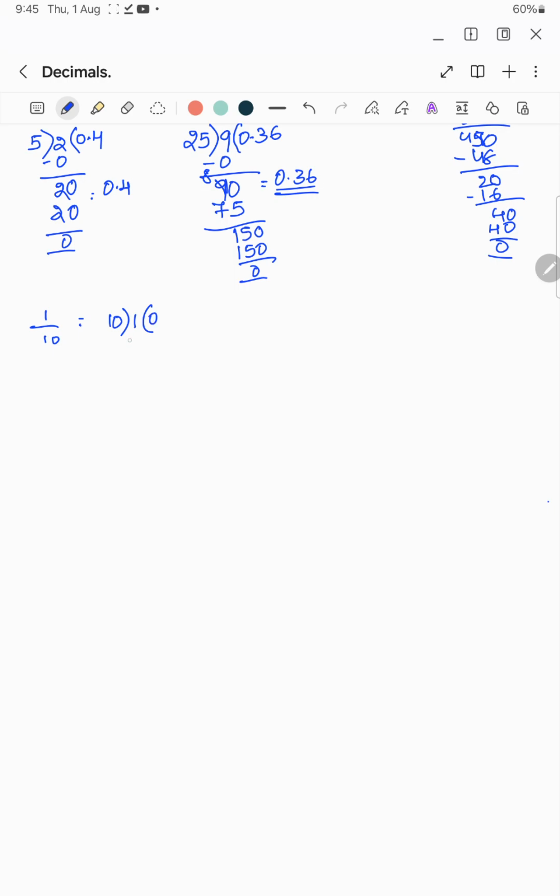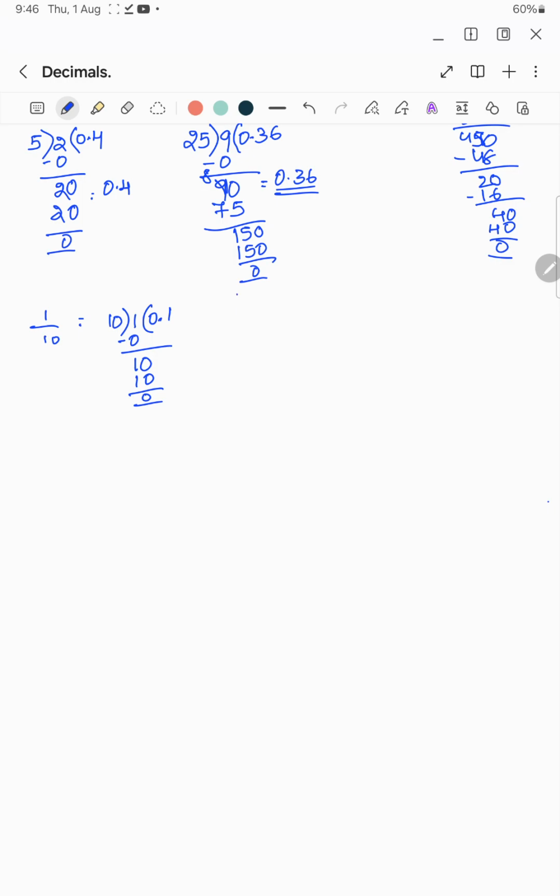So 10 into 0 is equal to 0. 1 minus 0 is 1. Now there are no numbers to carry down, so this will be the remainder. With the remainder we have to find the decimal. So we keep a point here and add 0. So 10 ones are 10. This is equal to 0.